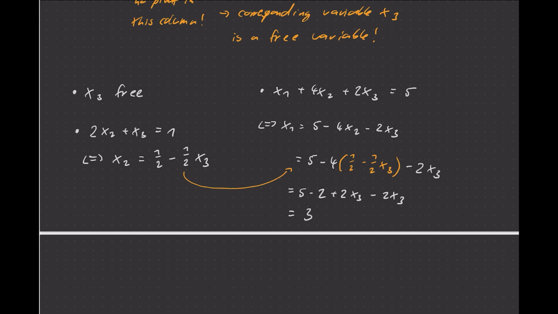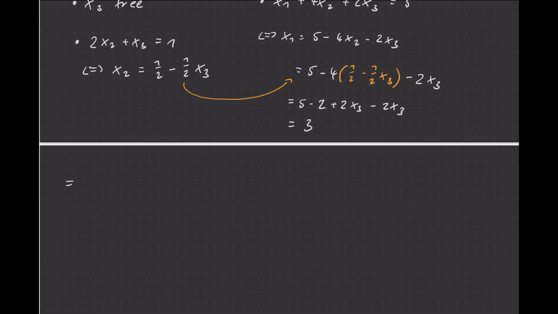So what's our solution space? Let's see, x1 is 3. So that's easy. x2 is 1 over 2 minus 1 over 2 x3.